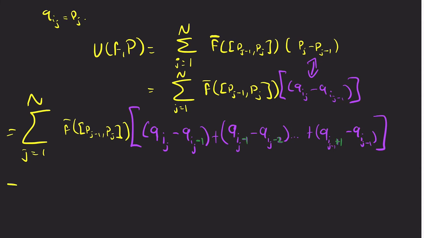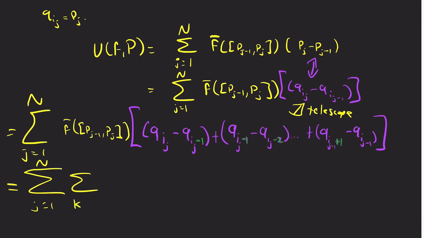So if you agree with that, that's just a telescoping sum. Common trick. And I'm going to write this as k equals i_(j minus 1) plus 1 on the top, that's why I'm doing that one in purple, to i_j. And if you disagree with those indices, pause the video here and convince yourself that those are right.